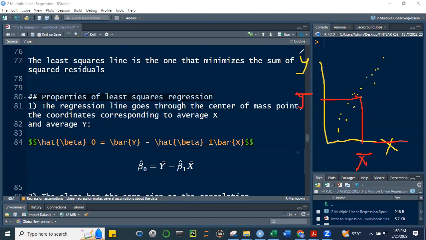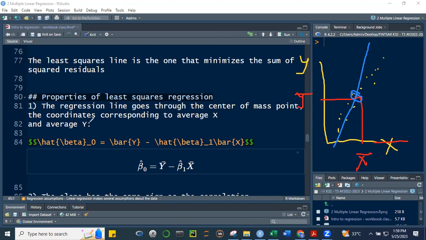So the regression line will always touch this one. Kung ano man yung regression line yan, tatama lagi yan dito sa Y bar, X bar.